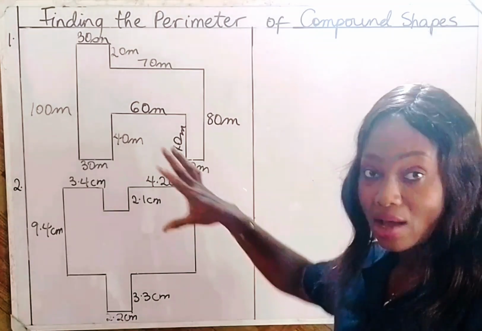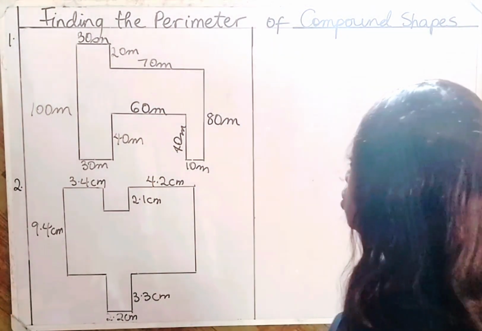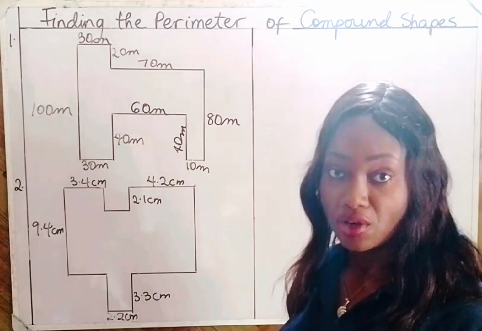Now, we're going to find the perimeter of this compound shape by adding all the figures together.